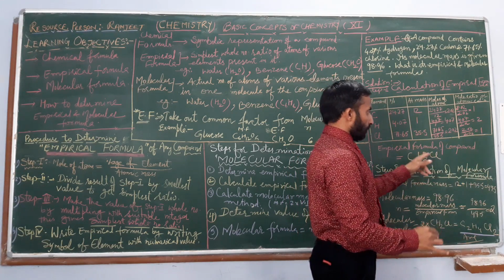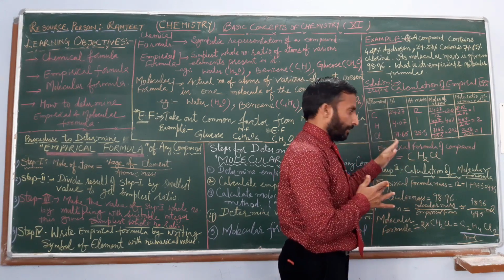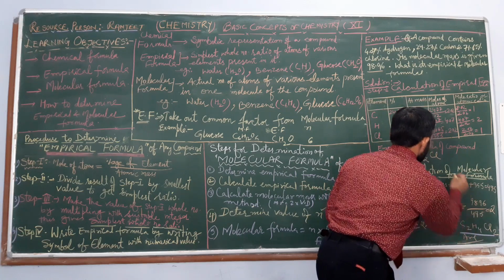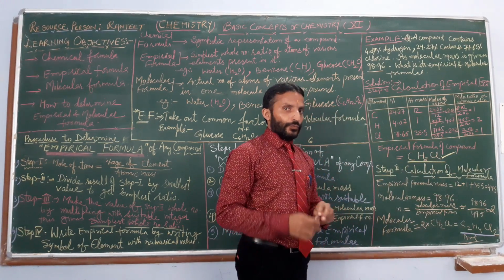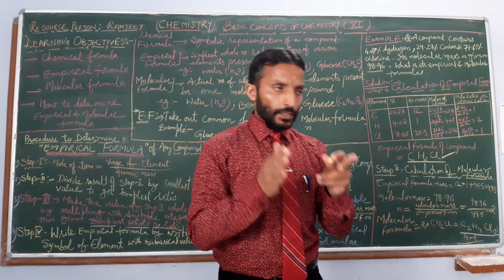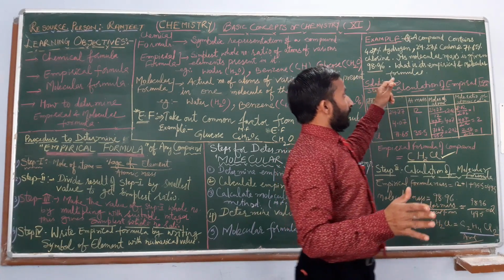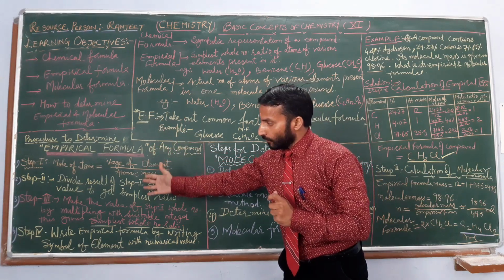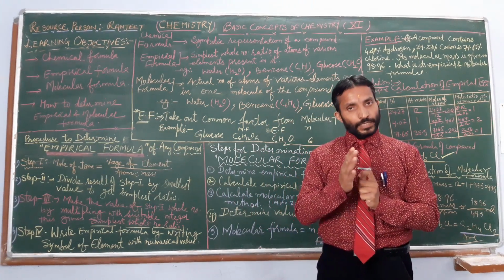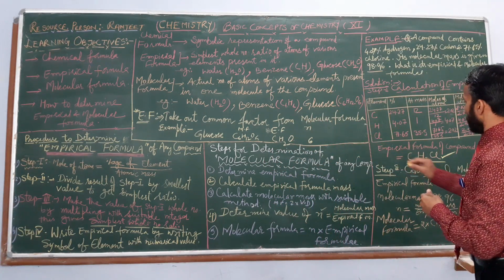This way we write the values with the symbols of the elements. This is our empirical formula, CH2Cl. So we have determined the empirical formula with the help of the percentages, following these 4 steps.